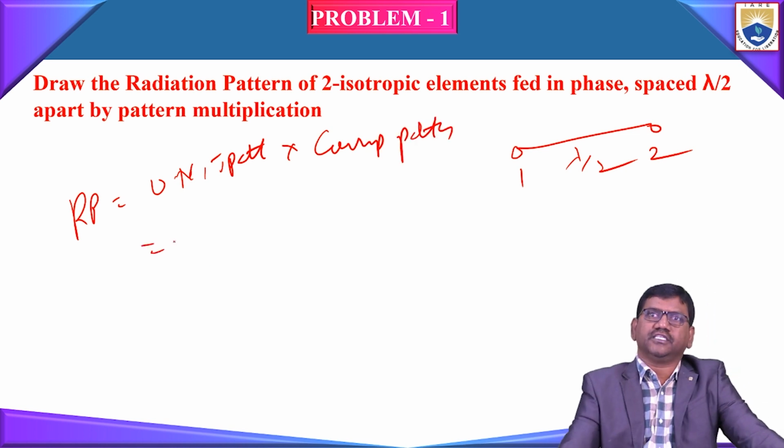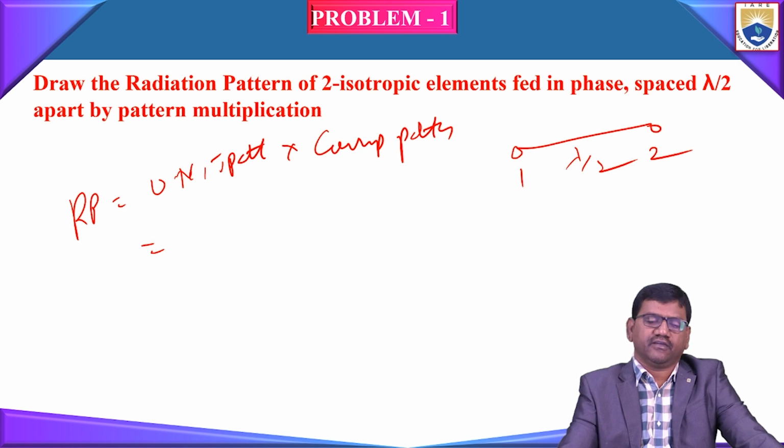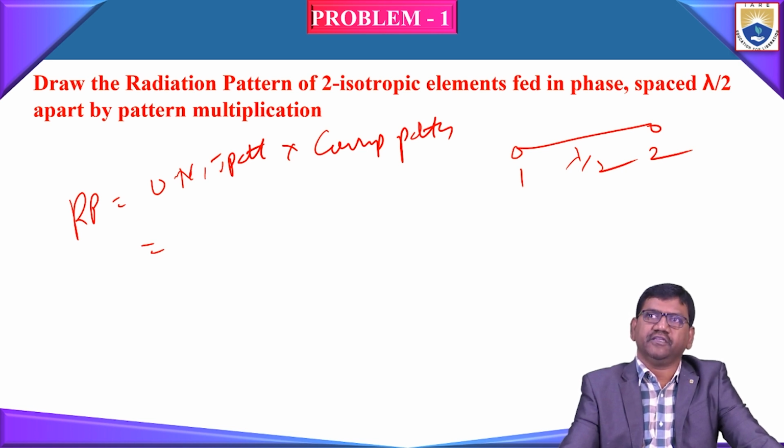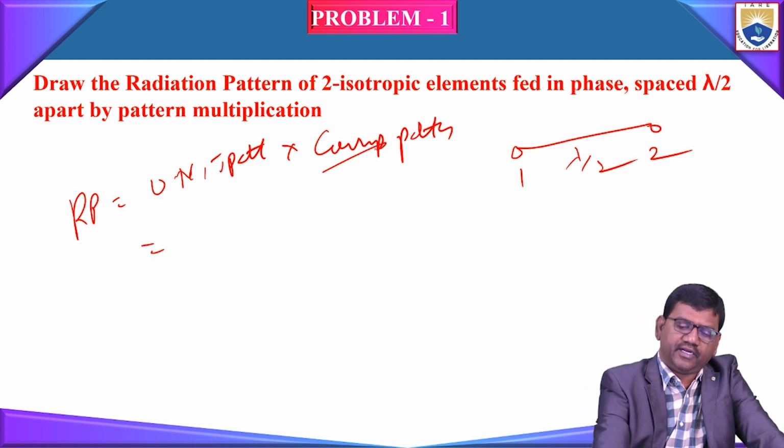The unit pattern is the pattern produced by any individual element of an array. The pattern produced by a group of two elements, or a group of four elements, we call the group pattern.